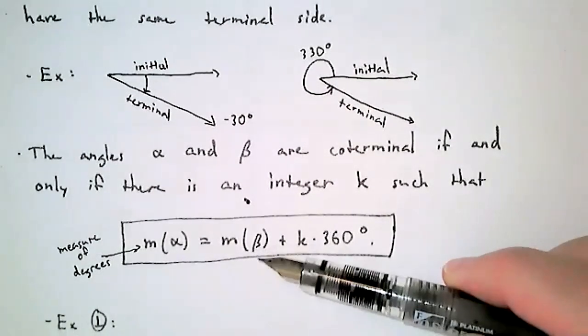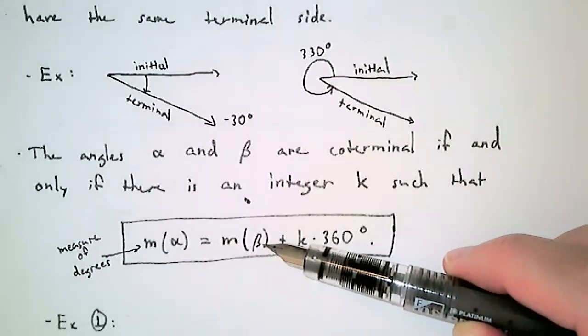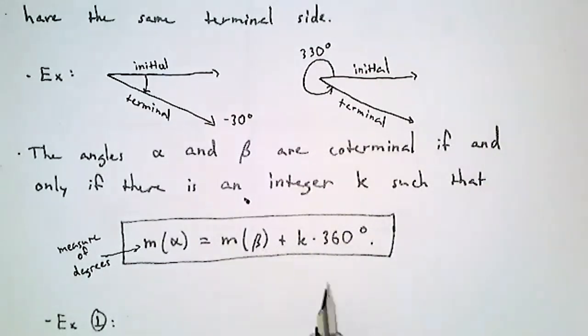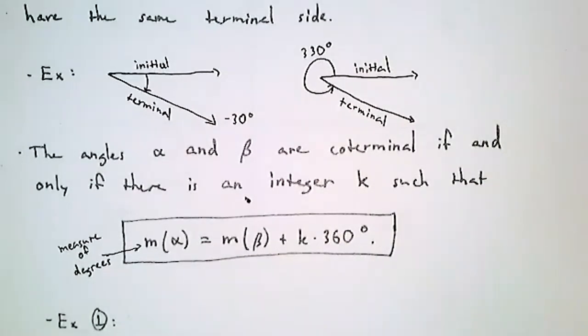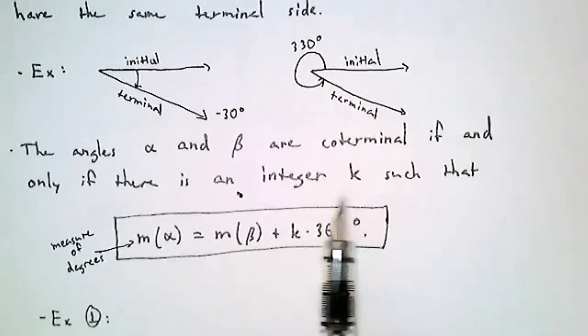And on the right-hand side, we have the number of degrees, or the measure of degrees for the other angle, beta. And then we see that's equal to k times 360 degrees. And k is a whole number.